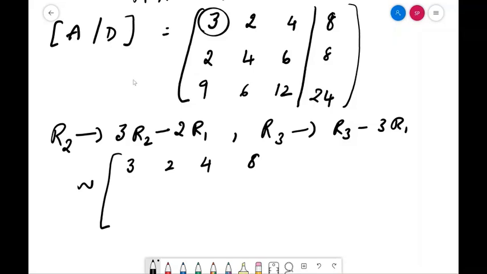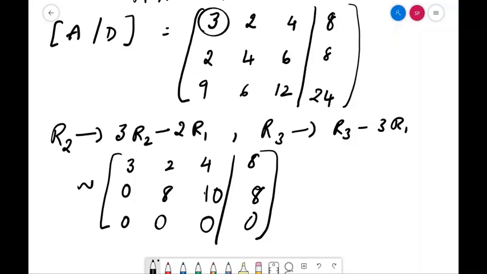Then this is 0, because 3 times 2 is 6 minus 2 times 3 is 6, that is 0, and then 3 times 4 is 12 minus 4 is 8, and then 3 times 6 is 18 minus 8 is 10, and then 3 times 8 is 24 minus 16 is 8. Then R3 minus 3R1: 9 minus 9 is 0, 6 minus 6 is 0, 12 minus 12 is 0, and then 24 minus 8 into 3 is 24, which is 0.